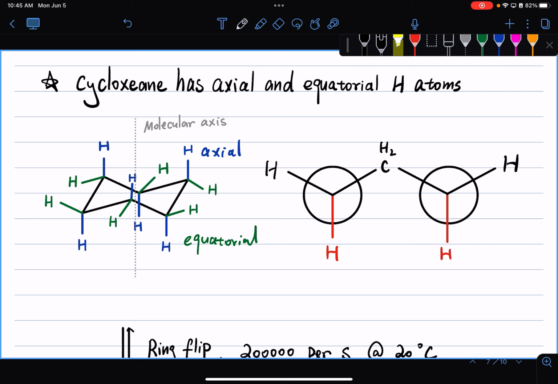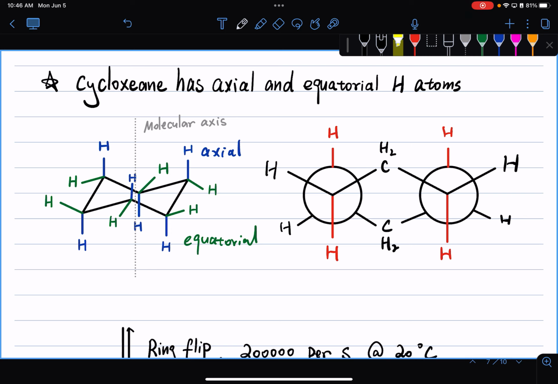All right, and on the back carbon here, we have the hydrogen that's going out, and we have the hydrogen that's going out this way. And the CH2 is here. All right, so that's how we draw it from the Newman projection.